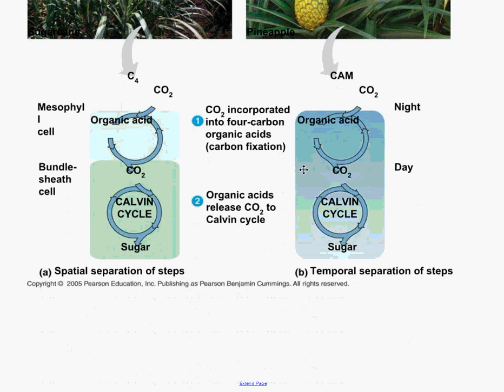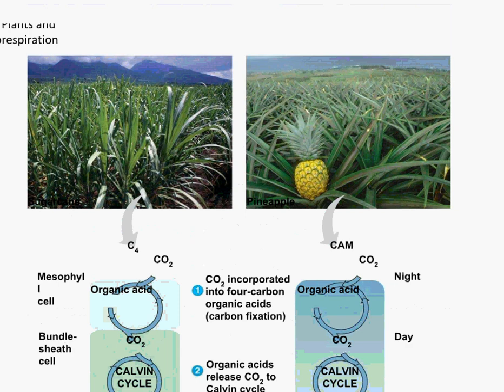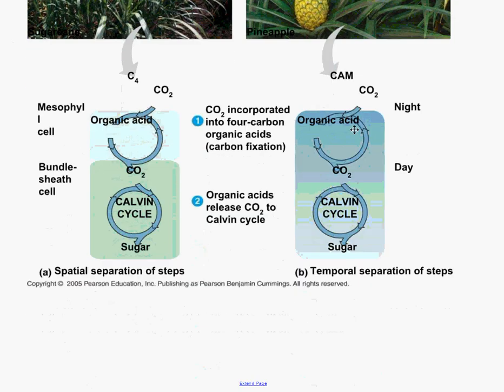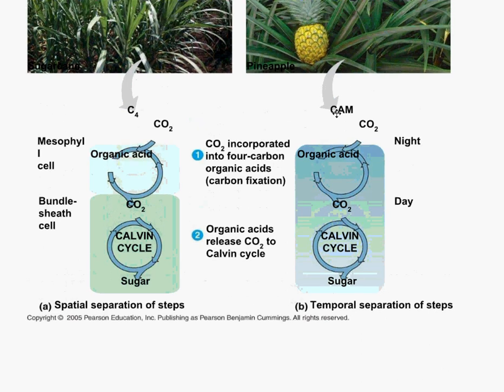With the CAM plants, no bundle sheath cells are necessary. You just have a different organic acid that is being used to store those CO2s at night so that during the day they can be released. And that acid is that crassulacean acid.